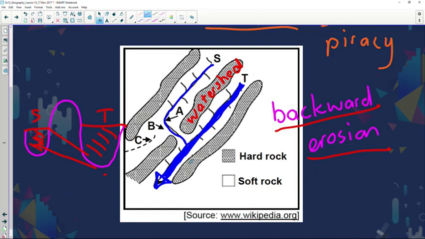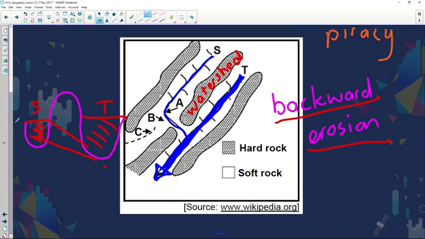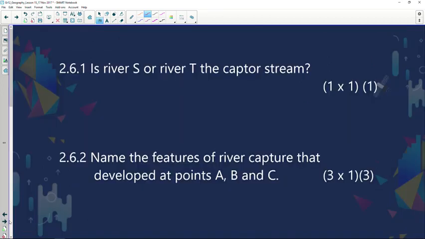So what did T actually do? It stole the water from S, creating the misfit stream over there, the stream elbow situated at A, the wind gap over there, and this is the misfit stream, wind gap, stream elbow, and that was the captive stream. Now let's quickly look at the questions involved over here.